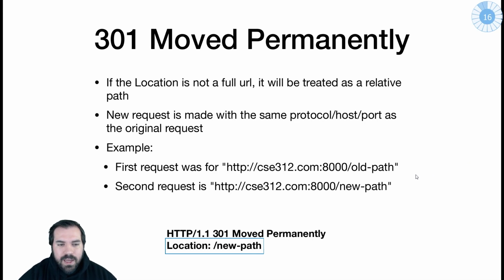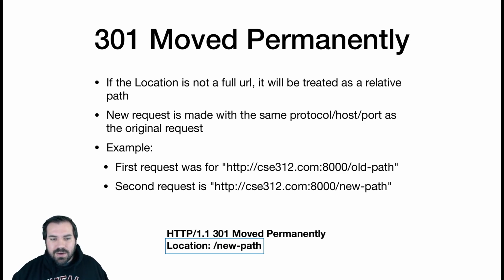All right, so this path can be a relative path. For example, if we only give this /new path without giving a full URL, the redirected request is going to follow the same protocol, host, and port as the original request.